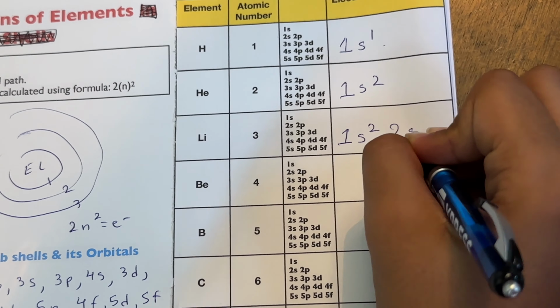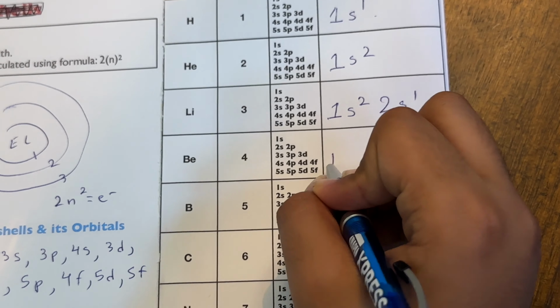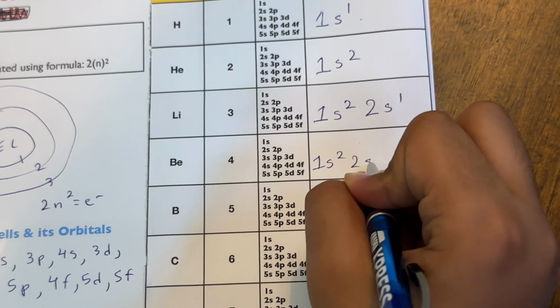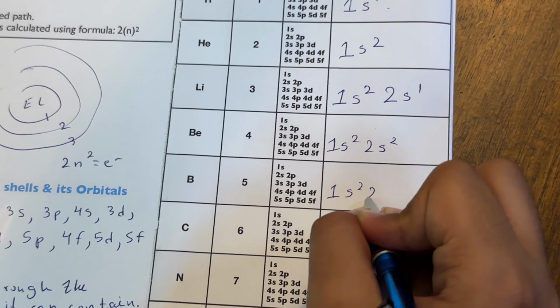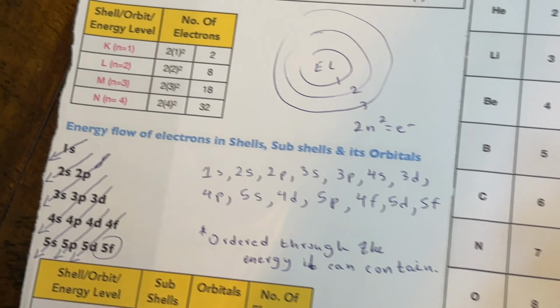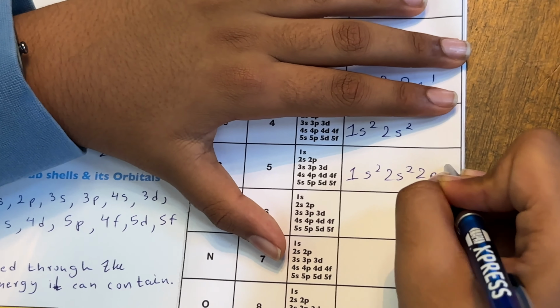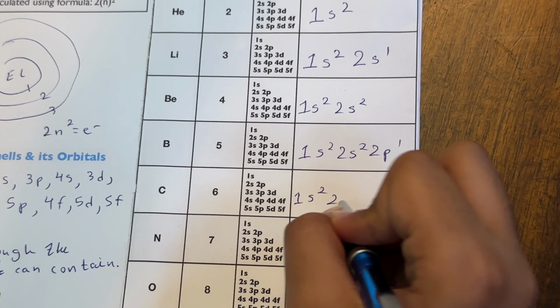So we put 2s and 1, and then for beryllium, it's the same thing for s, so 1s squared, 2s squared. And now we would move to 2p, so 2p to the power of 1, and it would be the exact same thing.